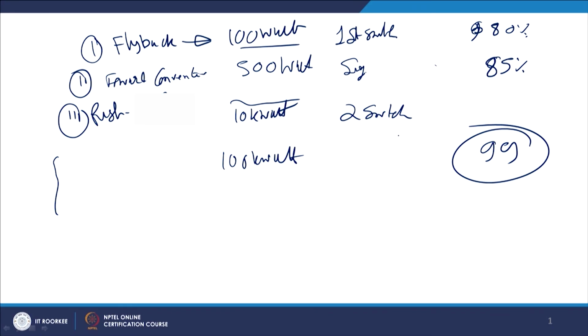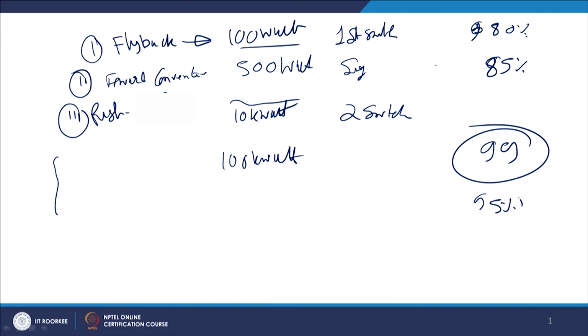Maximum efficiency you will get in the case of the half bridge converter, and the full bridge converter, since it employs more components, its efficiency will be a little less, around 95%. This is a comparison of DC to DC converters, and this is a matrix, and based on that you will choose different kinds of DC to DC converter for your application.